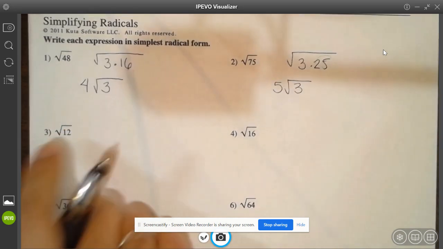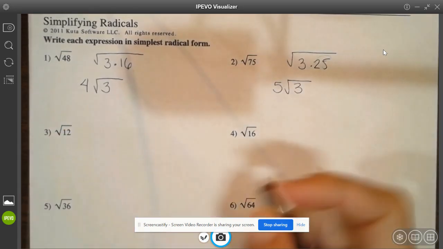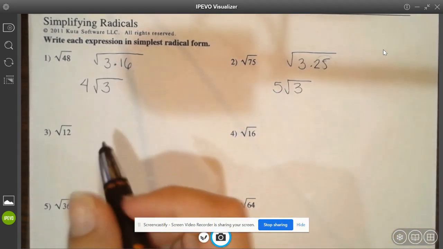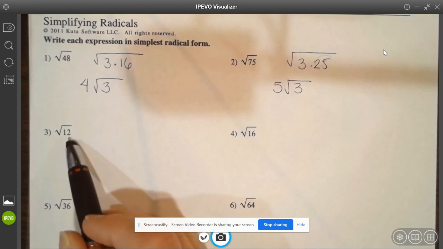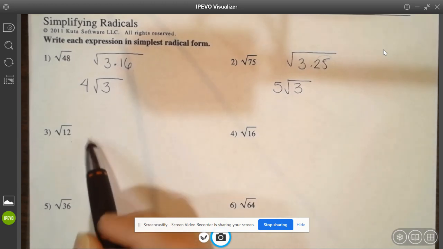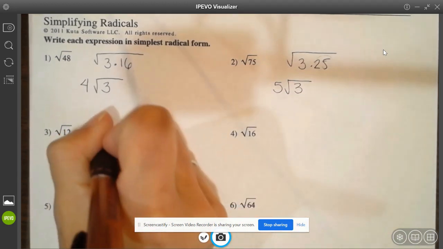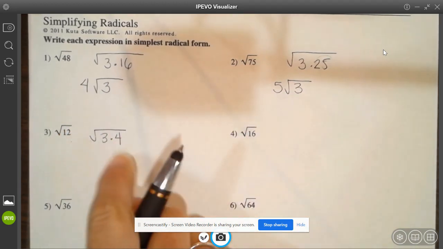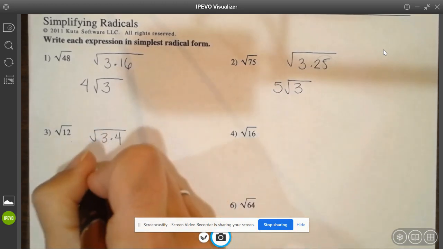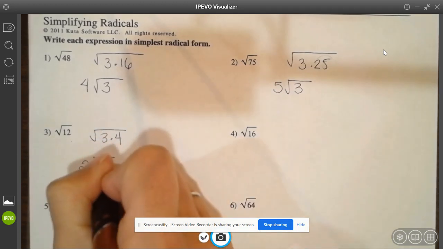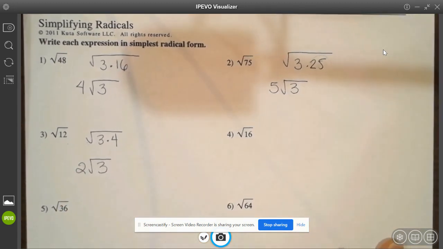Now this one, the square root of 12 is a crazy number also, 3 point something. But what two numbers multiply to 12 where one of them is a perfect square? Well, 3 times 4. The square root of 4 is 2, so we take that off, and 2 times the square root of 3 will give you that number.